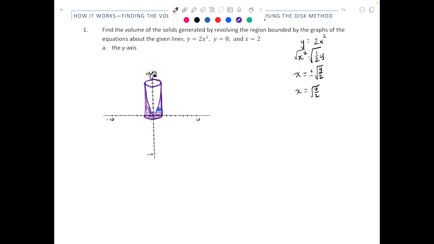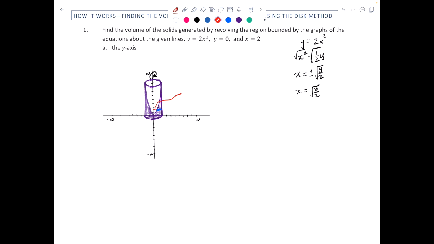All right, so when we do this one, let's figure out what we have for the inner radius. So our inner radius is just this distance kind of here. Whoops, I went too far. This distance here. And that distance is our graph where x has been isolated, right?